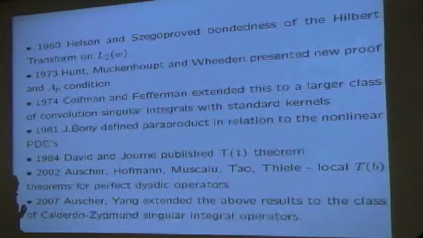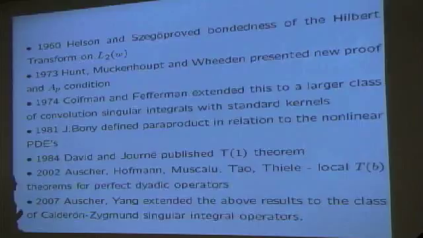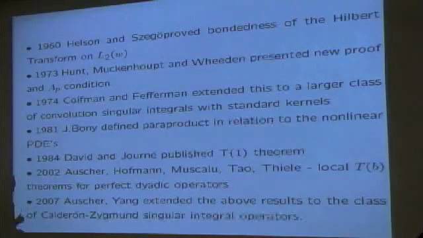They had a different proof, and this A2 condition in particular arose, right? Then Coifman and Fefferman extended their results, their proof, to a larger class of operators. Bony defined the paraproduct operator, the continuous paraproduct.